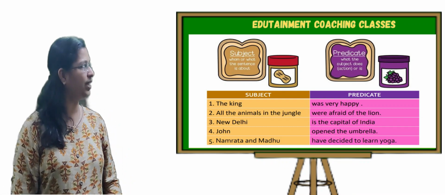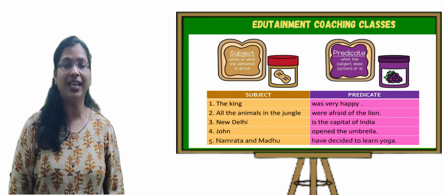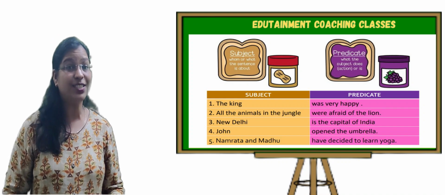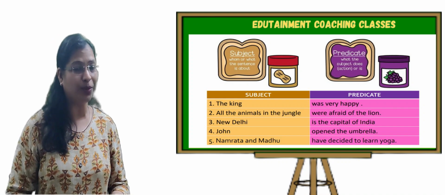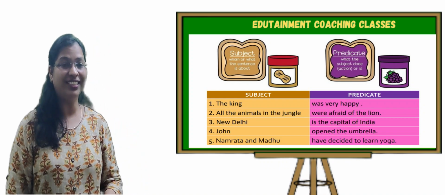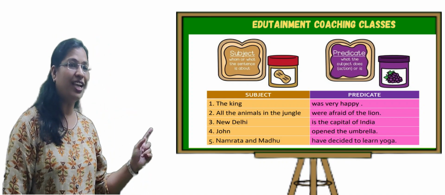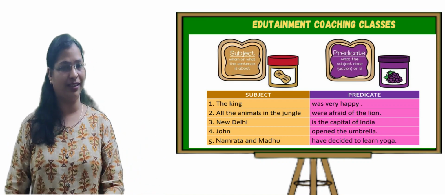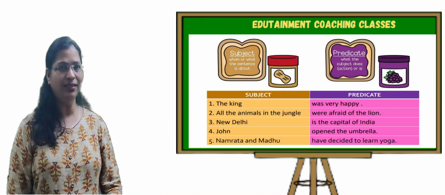Now let's have a look at the third one. New Delhi is the capital of India. So here you will ask what? What to the verb? What is the capital of India? New Delhi. So here the subject is New Delhi, and is the capital of India is the predicate. Look at this fourth one.